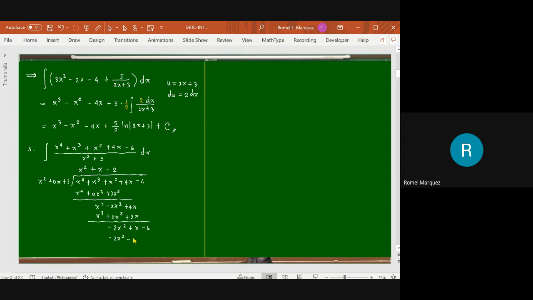And the negative 2 times 0x, that is 0x. Negative 2 times 3, negative 6. So, okay, guys? Yan. So we now have 0. This is x. 1 minus 0 is 1. So this is 0. So the remainder is x. So this is the remainder.